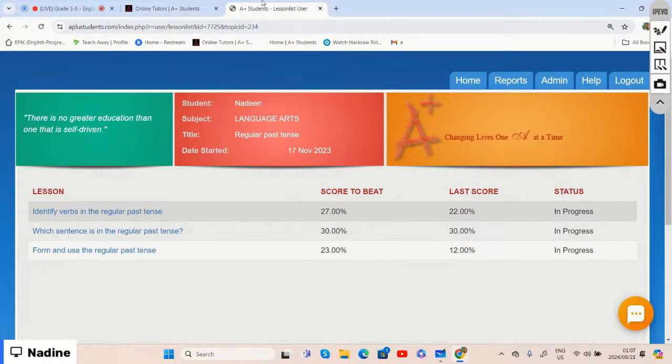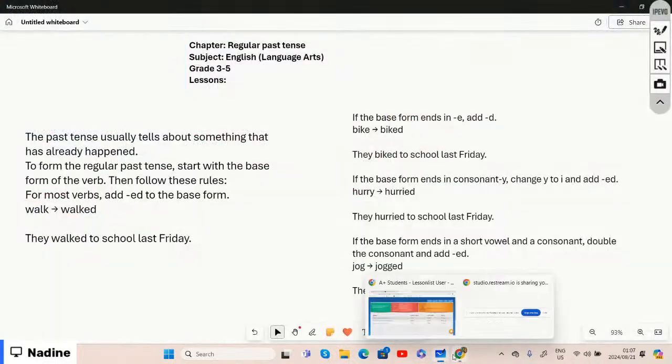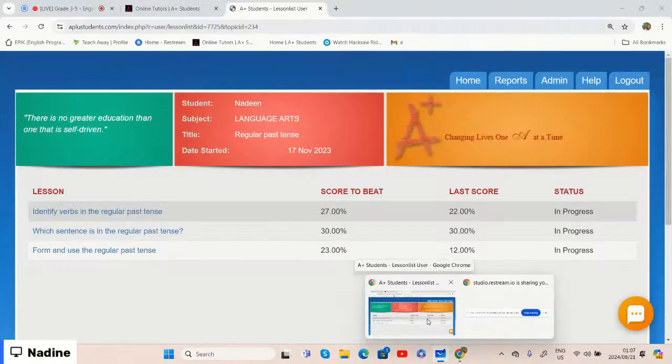All right, so we see that regular past tense is a continuation of what we did in our previous lesson. In our previous lesson, we had to identify verbs in the regular past tense. So today, our chapter is regular past tense.